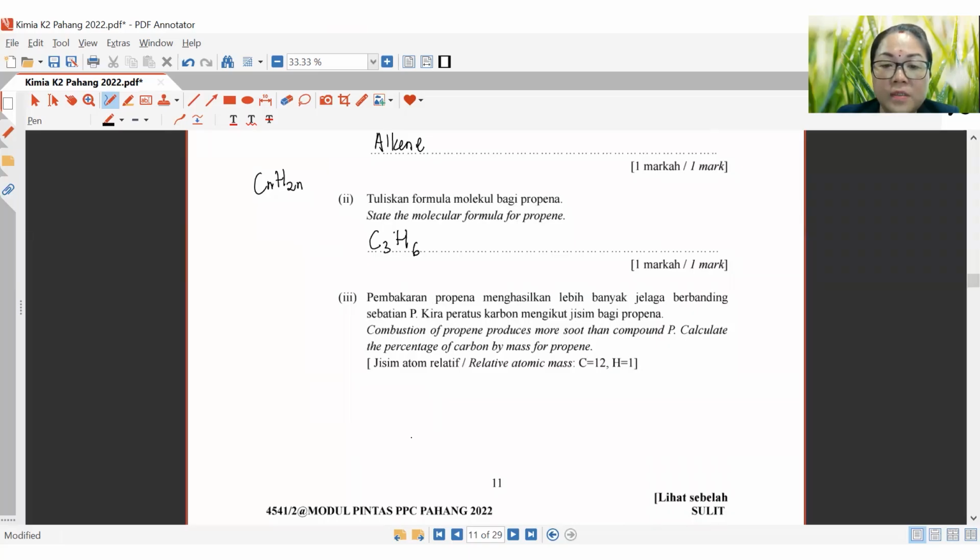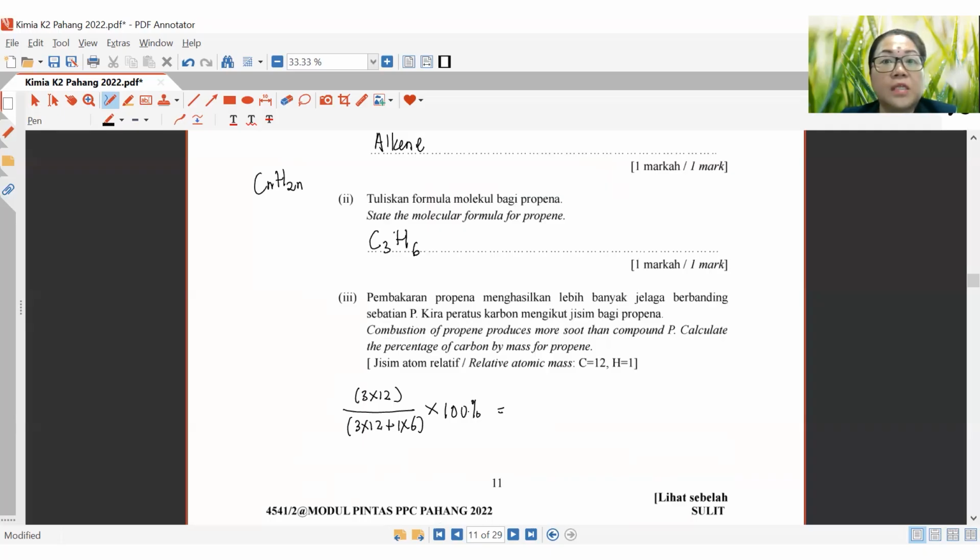All right, let's look at the third one. Combustion of propene produces more soot than compound P. Calculate the percentage of carbon by mass for propene. So propene, you have 3 carbon atoms. So 3 times 12 divided by the RMM, the relative molecular mass for the entire propene, which is 3 times 12 plus 1 times 6. And then you want to get the percentage times 100%.